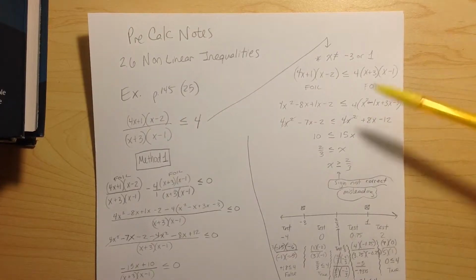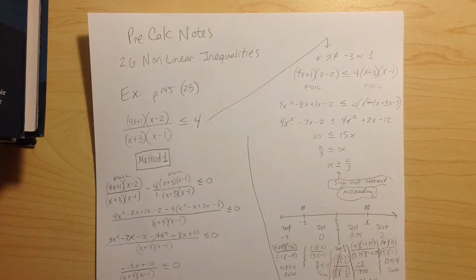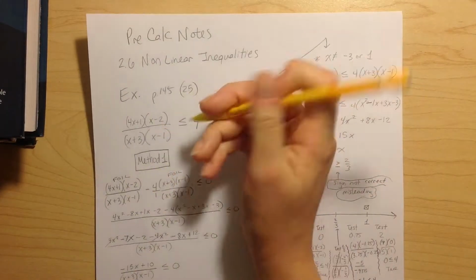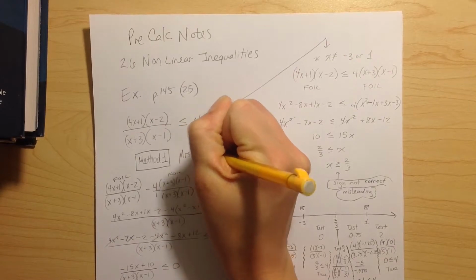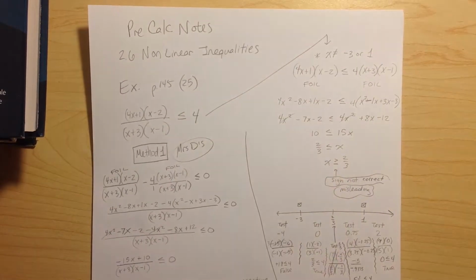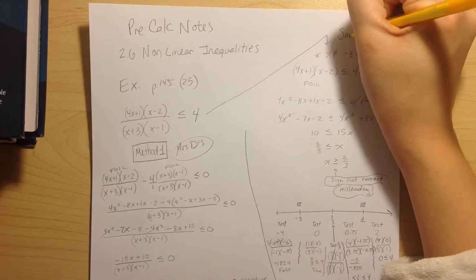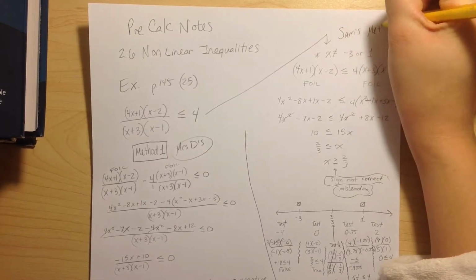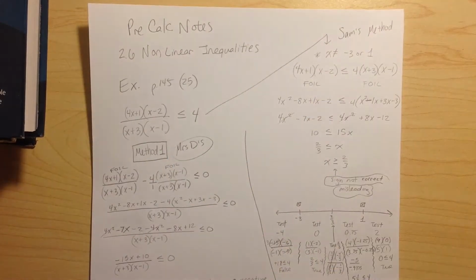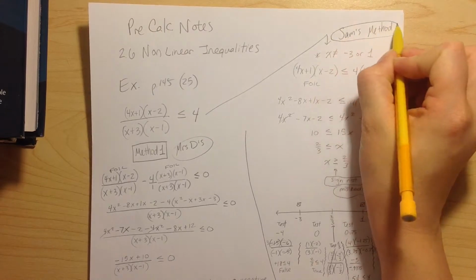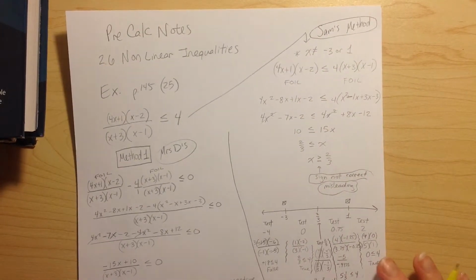I was experimenting with that just to make sure that it worked, and it seems to be working wonderfully. So I just wanted to show you method one, which I'm going to call Mrs. D's method, and this way I'm going to call Sam's method. Both work. You've got to make sure you're doing everything algebraically, legally, and you will be good to go. So let's go through this one.